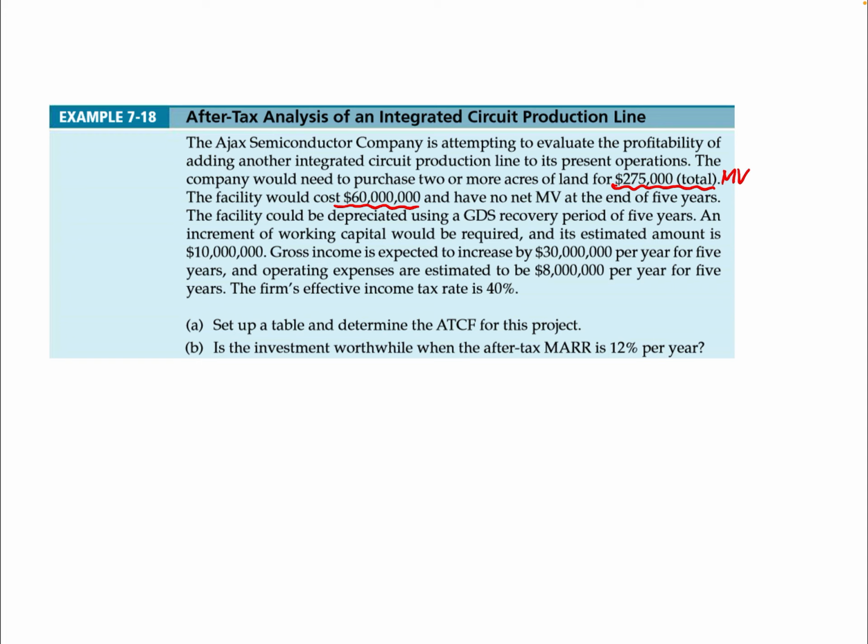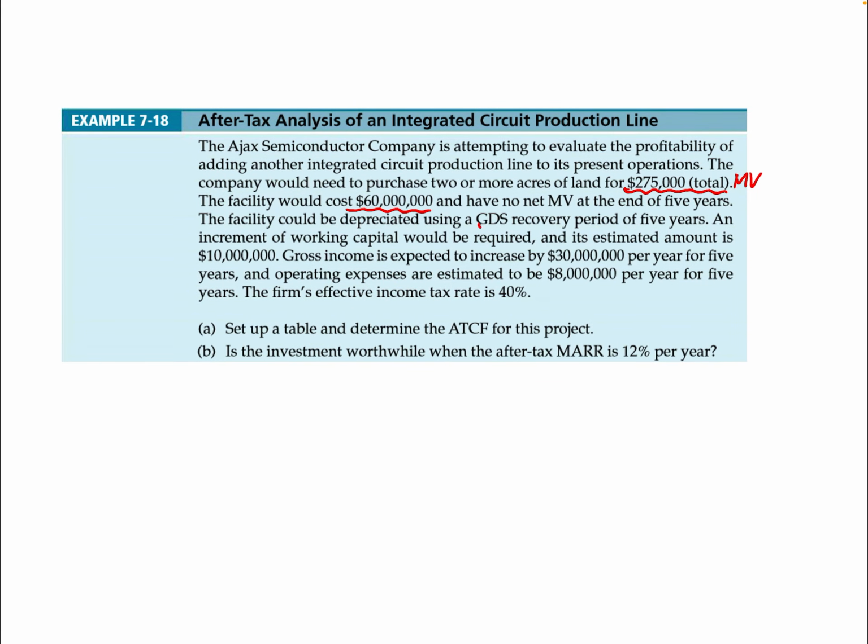And the facility could be depreciated using GDS, with a recovery period of 5 years. It's given. And an increment of working capital would be required. So you need to hire some persons, and its estimated amount is 10 million. So this is the third piece of your capital investment. So you have 3 parts of capital investment.